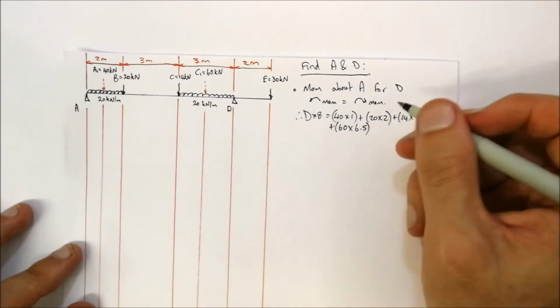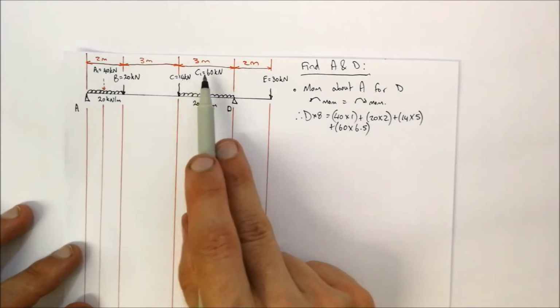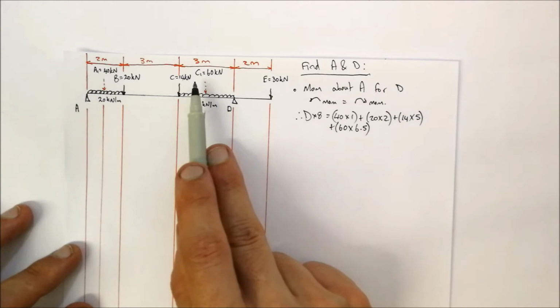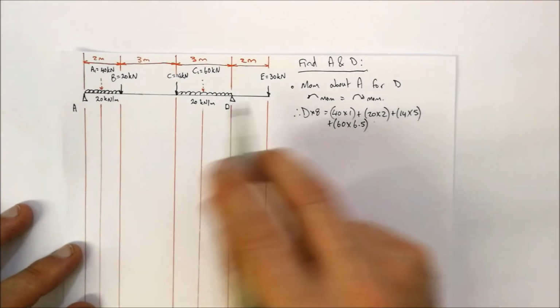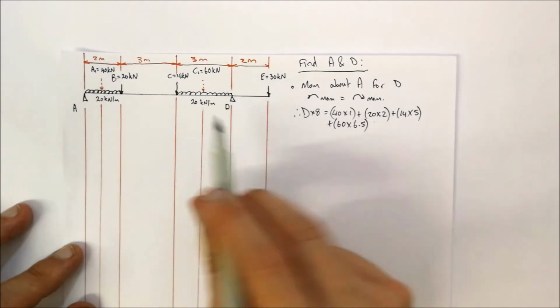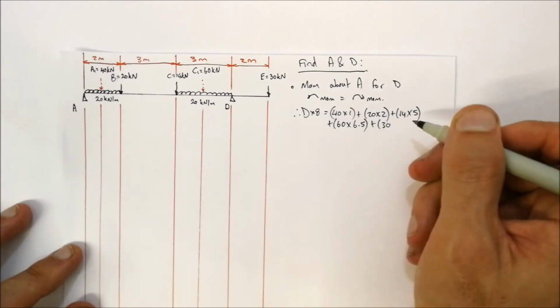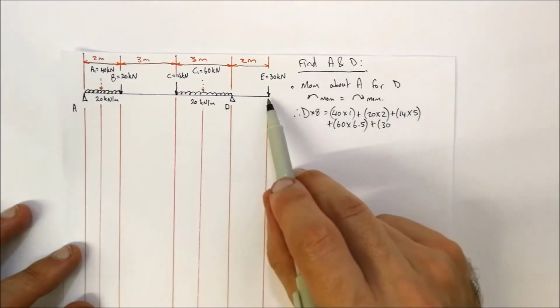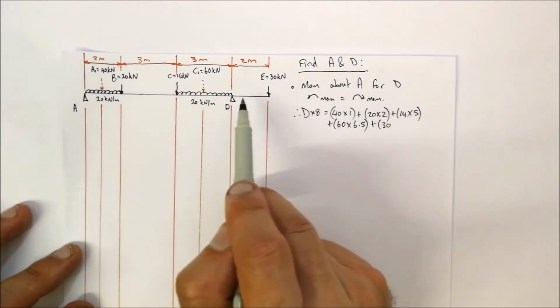Then we're looking at further. We see how there's this distributed load over here, which is characterized by C1. Sorry, no, we've done that now. We're looking at now E. E is 30 kilonewtons, so that is plus 30 kilonewtons, and that's the distance of 2 plus 3 plus 3 plus 2.